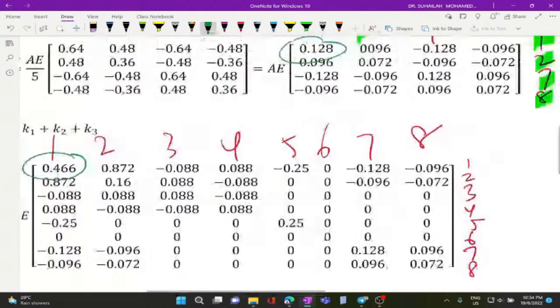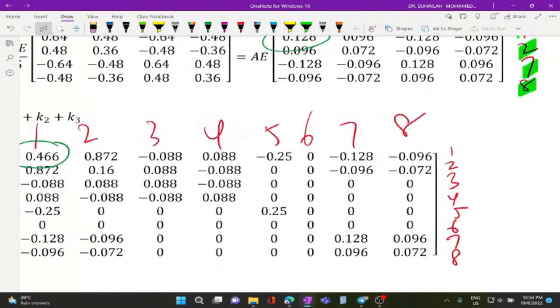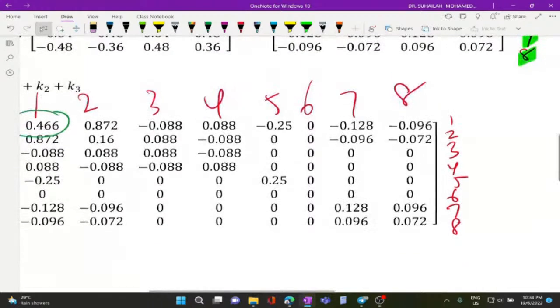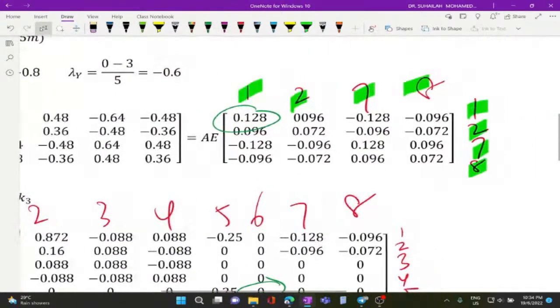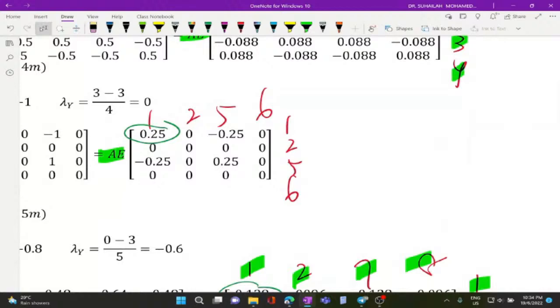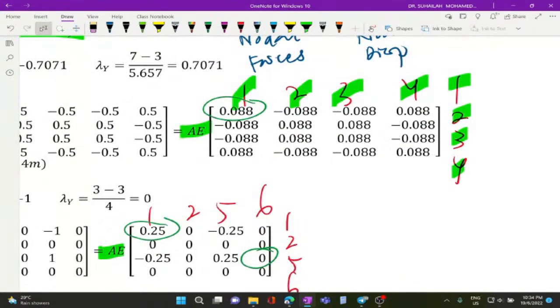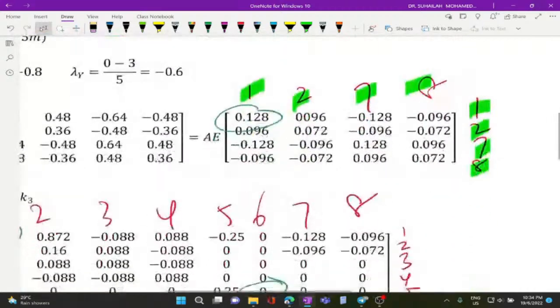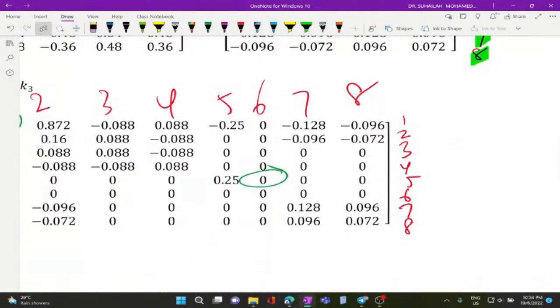Another example: I want to find the value for 5, 6. In K3, no 5, 6. In K2, 5, 6 is equal to 0, and there is no 5, 6 in K1. So the answer will be 0.